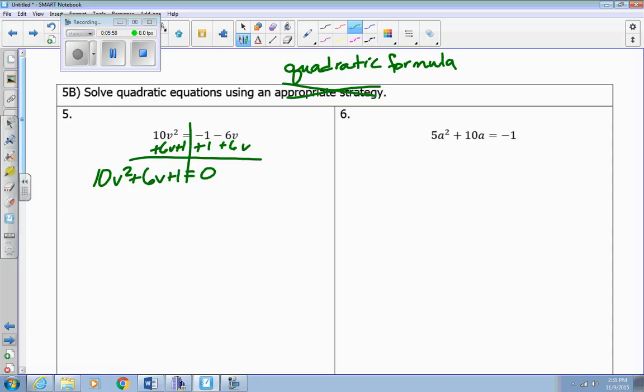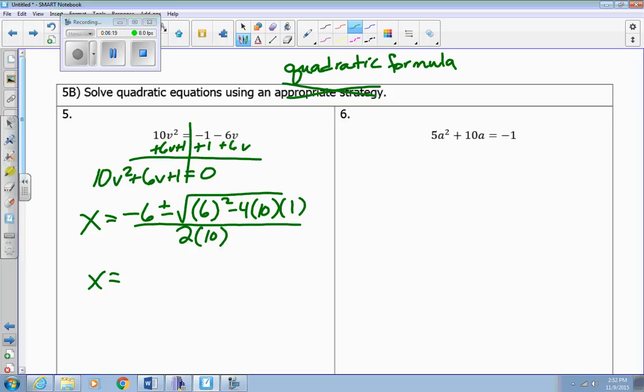You technically don't need a positive, but I prefer it. So we have the opposite of b, plus or minus the square root, b squared minus 4 times a times c, all over 2 times a.